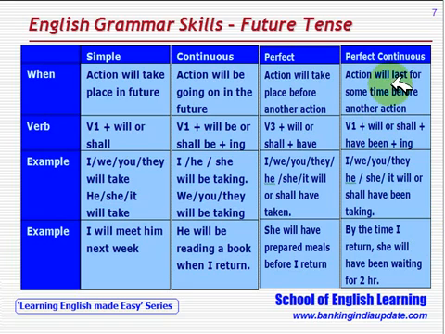So I return, one action. She will have been waiting for 2 hours, another action lasting for some time. So in future perfect continuous, the action will last for some time in future before another action. Here first form plus will or shall plus have been plus ing will be used.